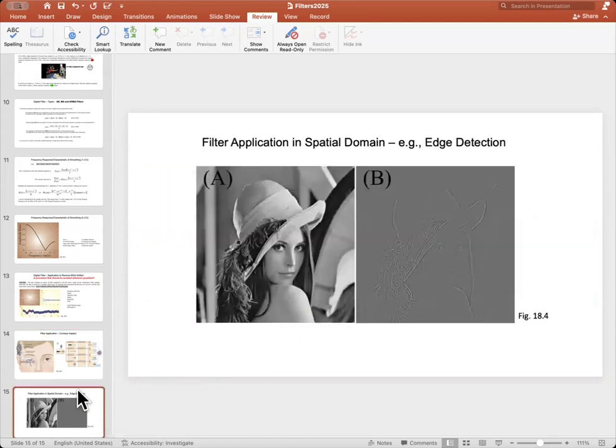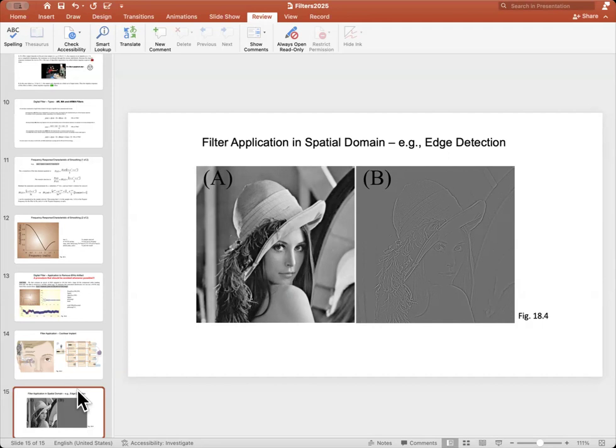The last example is applying filters in the spatial domain, in this case a photograph. This is a picture of Lena. Lena is in a pin-up, but they always show you the decent part of the picture. You can find this picture anywhere there is spatial filtering or spatial analysis going on.